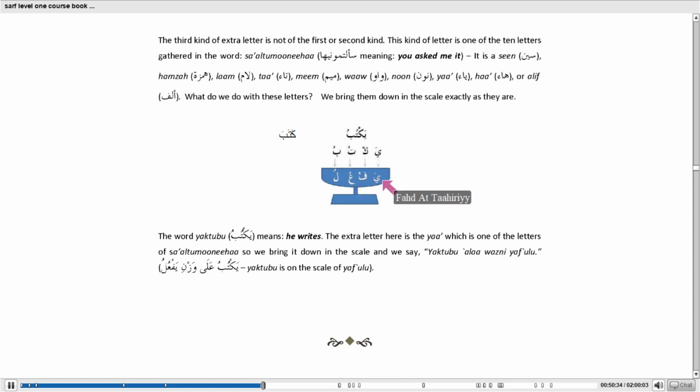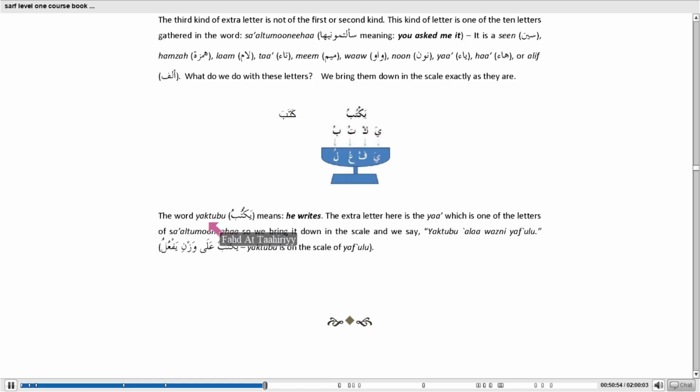Yaktubu is on the scale of yaf'ulu. See, the ya here came down as it is. Ya. Yak, yaf, yaktu, yaf'u, yaktubu, yaf'ulu. Good?